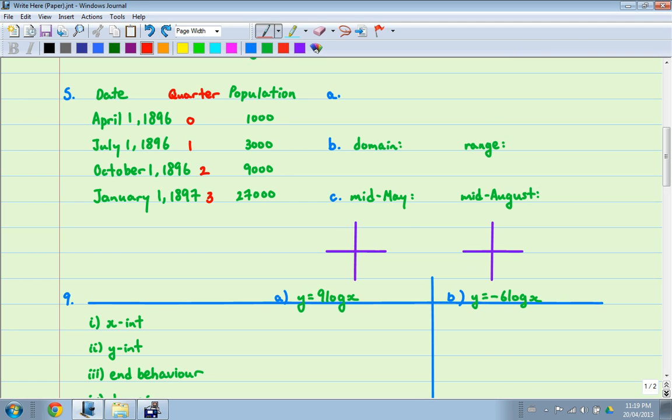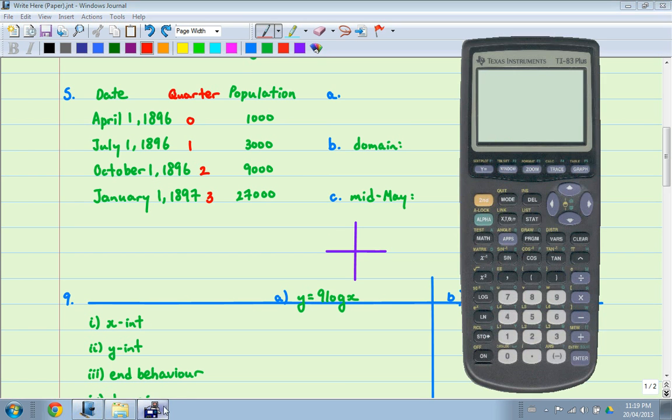So if you use a calculator to do this question, you will go to Stat, Edit, enter your quarters and the populations, set up your window, 0 to 5 and 0 to 30,000, just so everything will fit. And then you can make sure that Plot 1 is on. Check the scatter plot to make sure that it is exponential growth, which it is.